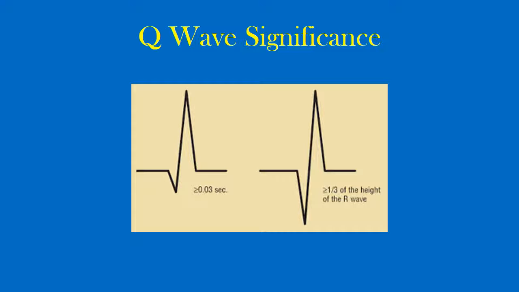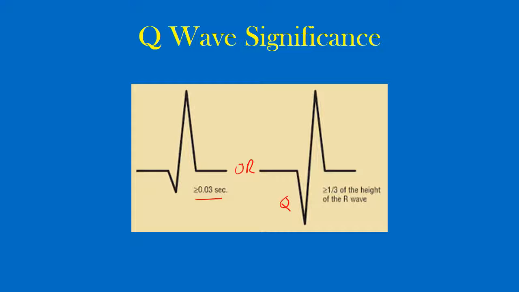Okay, so we're still looking at the QRS complex, but we're going to look at the Q wave significance, because you may have heard that Q waves may be a sign of dead myocardial tissue, and this depends on whether the Q wave is significant. Q waves are significant if they are 0.03 seconds or wider, or the Q is greater than 1/3 of the height of the R wave.